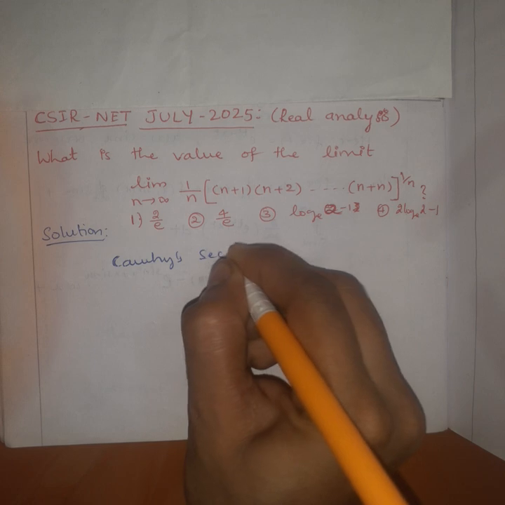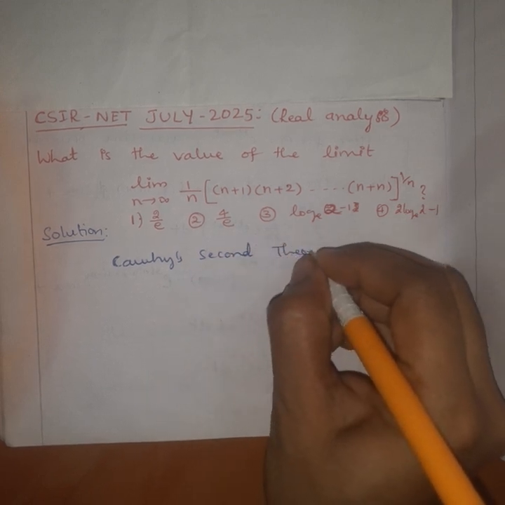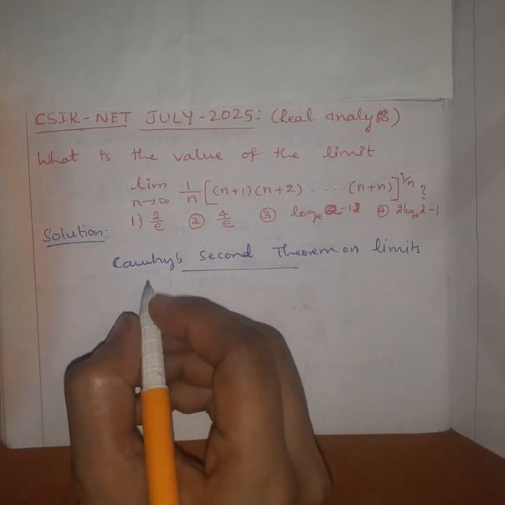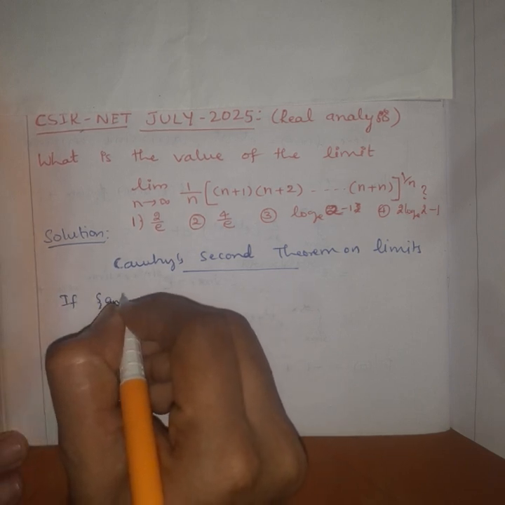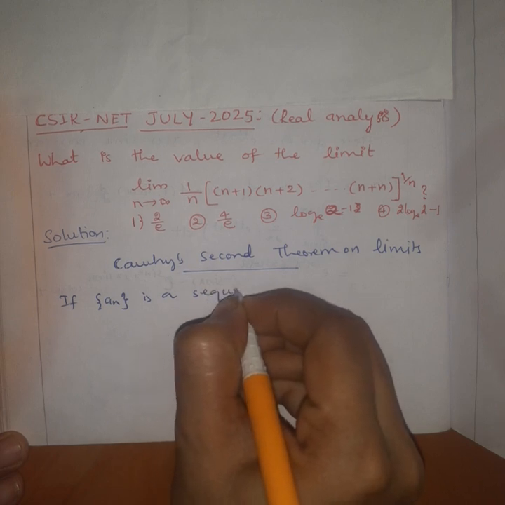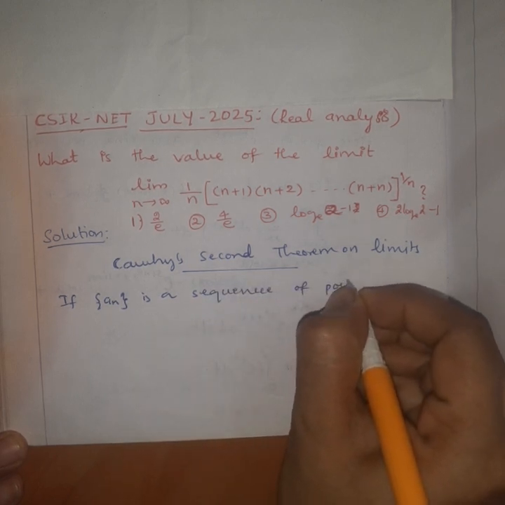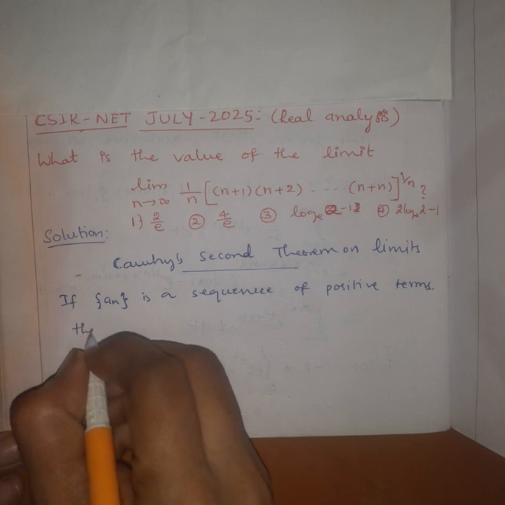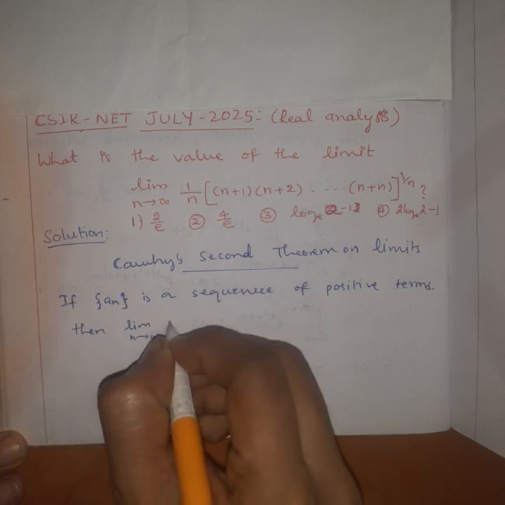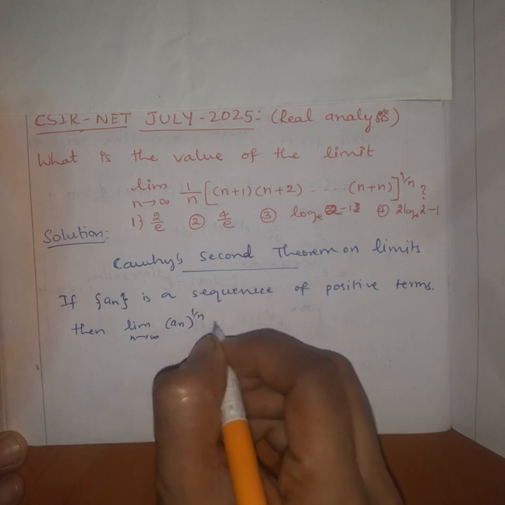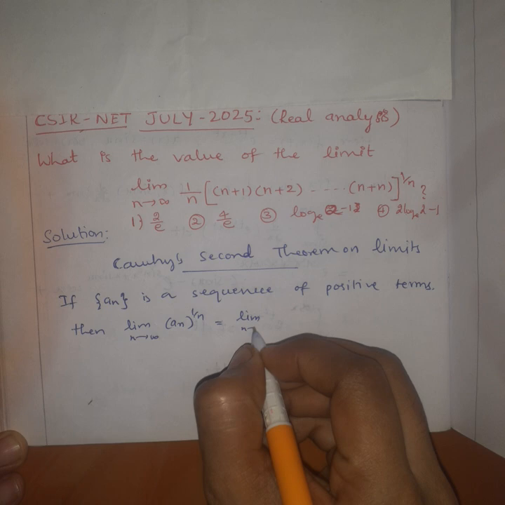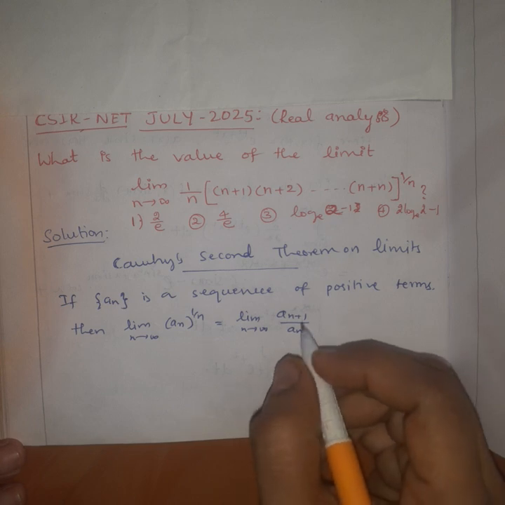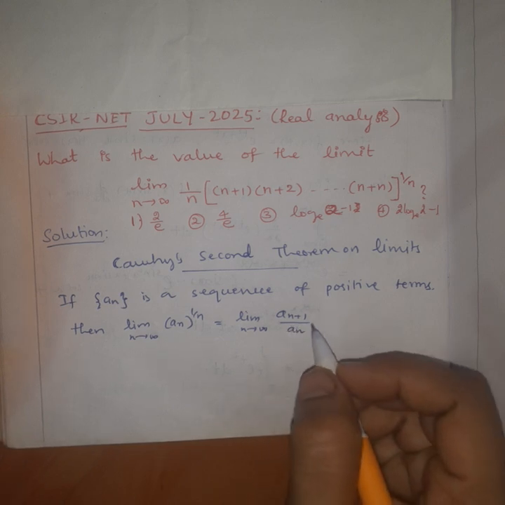If an is a sequence of positive terms, then limit n tending to infinity of an to the power 1 by n is equal to limit n tending to infinity of an plus 1 by an, provided the right hand limit exists, whether finite or infinite.